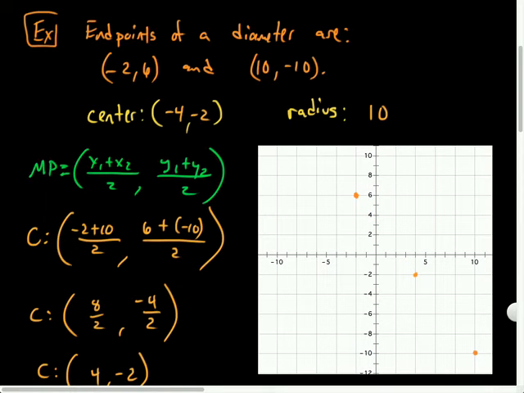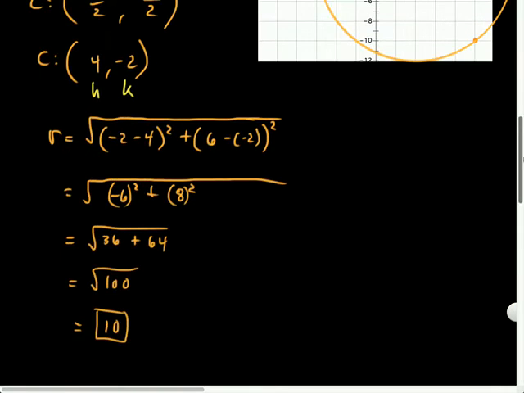So let's see. I could have technically drawn the equation of my circle a while ago, but it would have looked something like that. Bam. And let's see if we can write the equation now. So the radius is 10, the center is -4, -2.